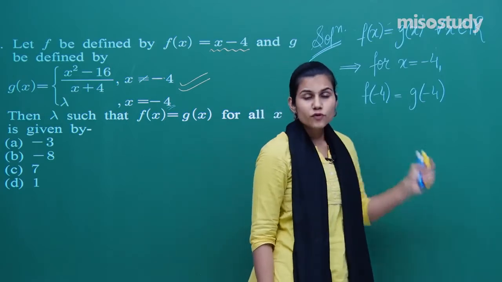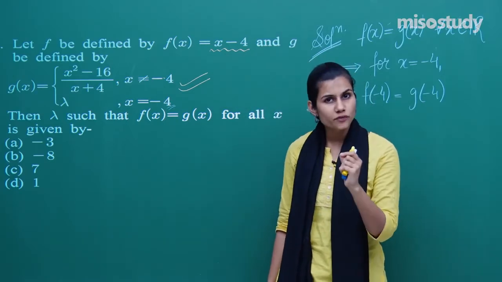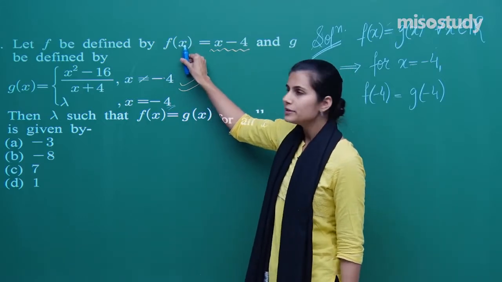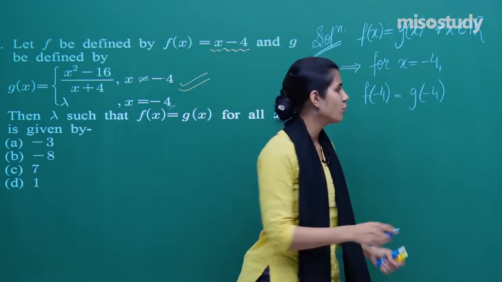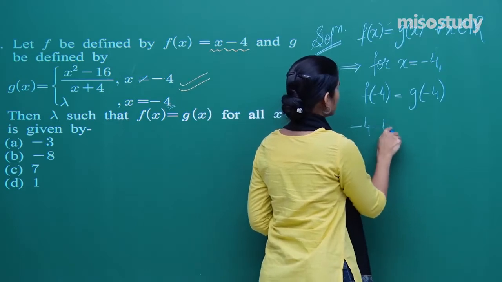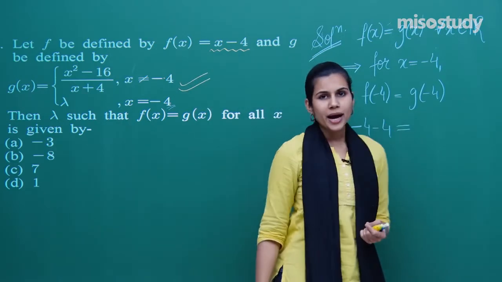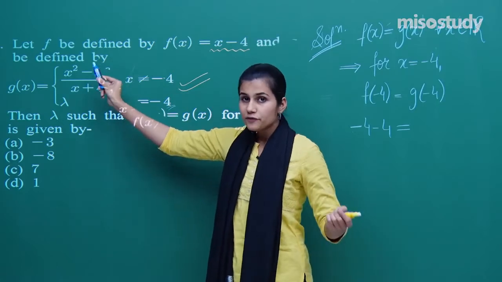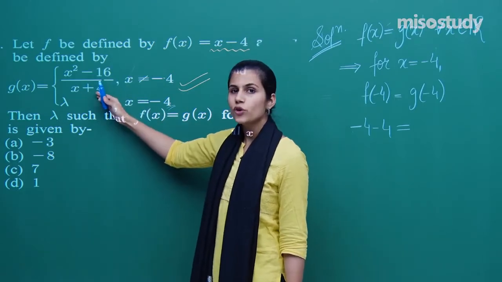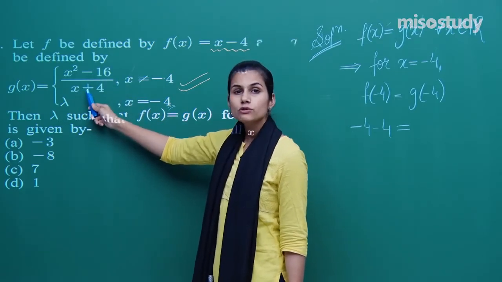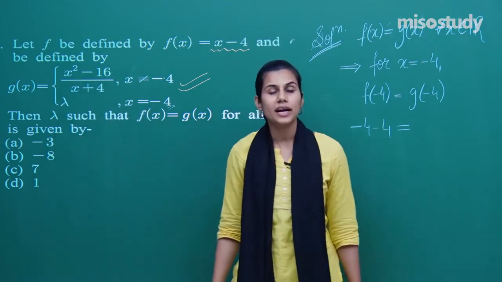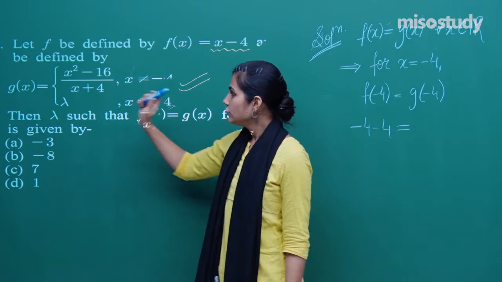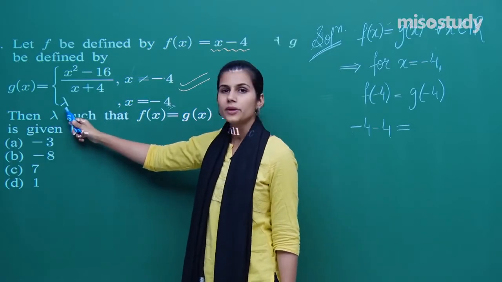But f of minus 4 is going to be found by the definition of f, which is x minus 4. So f of minus 4 happens to be minus 4 minus 4. Whereas g of minus 4 will not come from this expression. In fact, if you try and incorporate minus 4 over here, the denominator will give you 0 and this will be an undefined term. That is why corresponding to minus 4, g has been provided some other value.